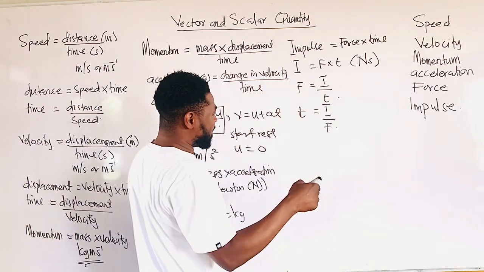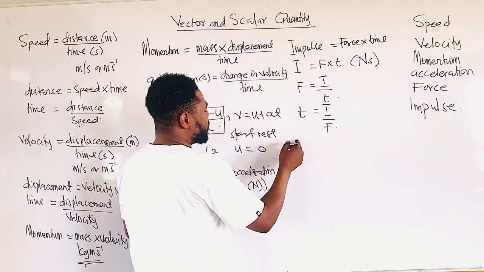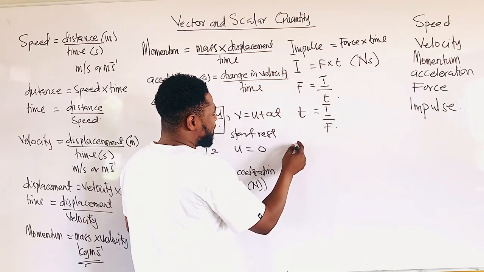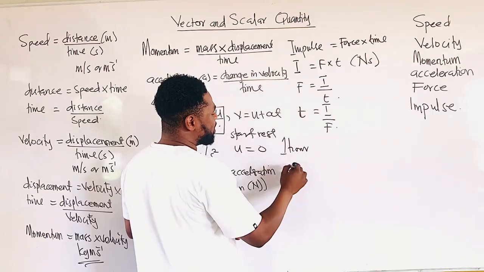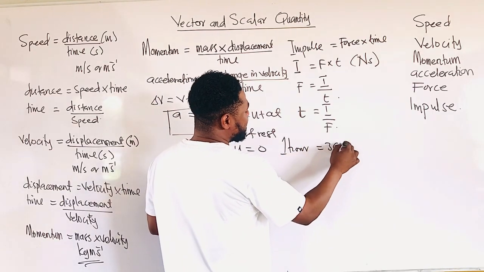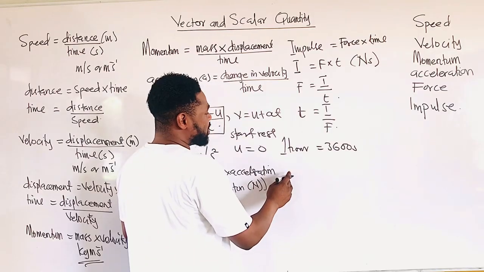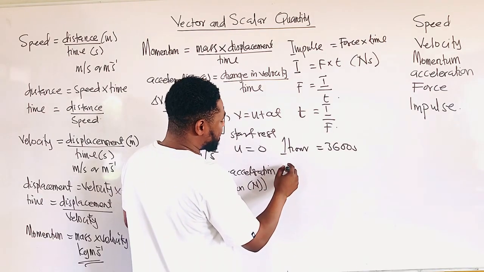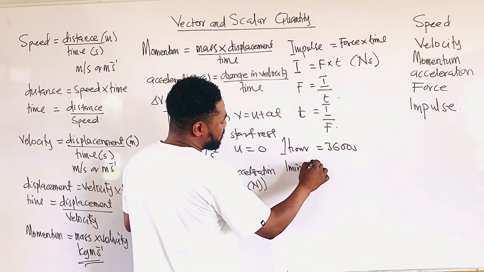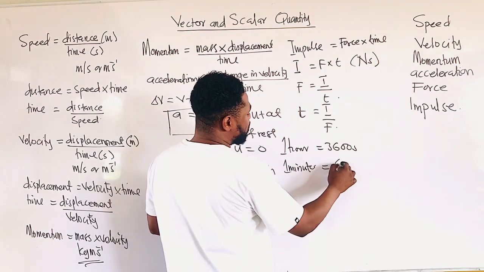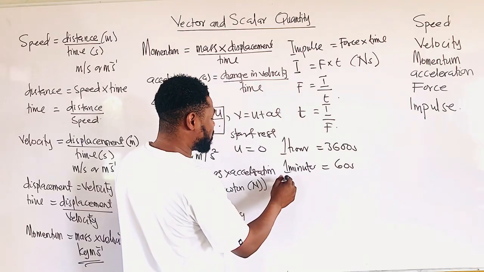Now, don't also forget that with conversion of units, sometimes our time can be given in hours, and we can change it to what? Seconds. So 1 hour is equal to 3,600 seconds. And we can also say 1 minute is equal to 60 seconds.